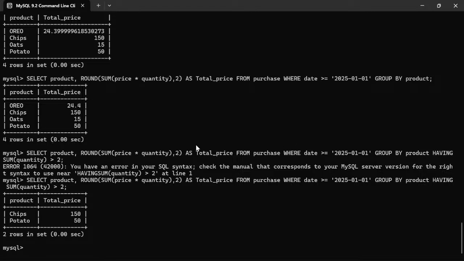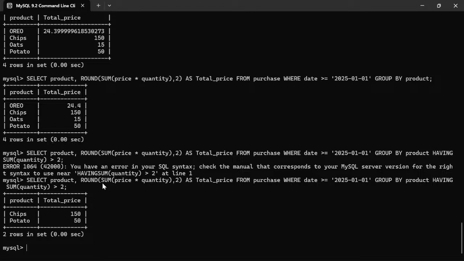Okay. This is the temporary table. Again, we have seen how, if I have purchased a product multiple times throughout the month, how should I group it so that we can see the total cost for the particular product?